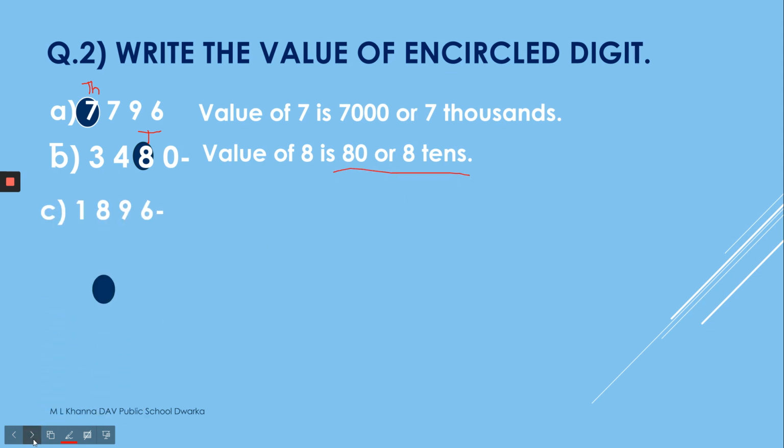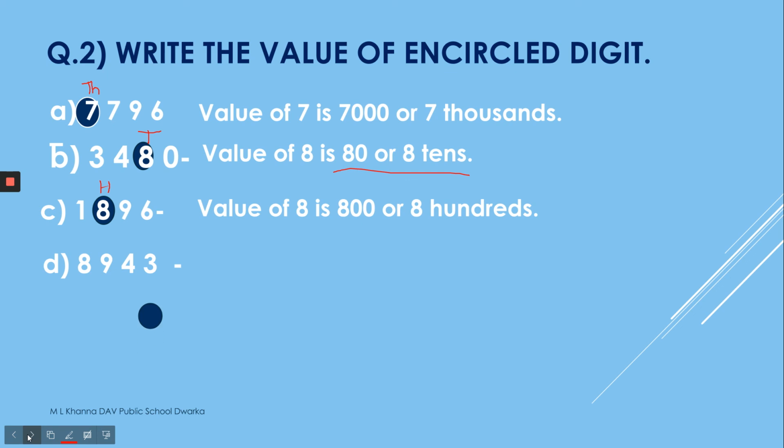In C part, the circled digit is again 8. Can you tell me the place of 8? Yes, it is 100 and the value is 800. In D part, the circled digit is 3 and its value is 3 ones.